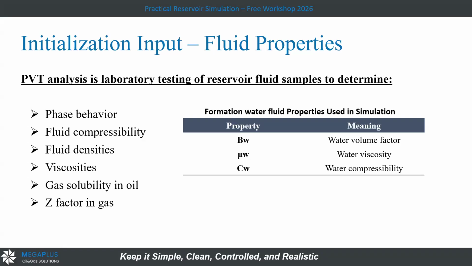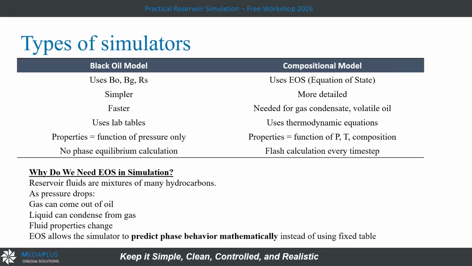But all of this changes with pressure, so it must be recalculated at each time step, at each pressure decline. The simulator needs to depend on the mass or continuity equation and the diffusivity equation. All of this changes from time step to time step and from cell to cell. So you can imagine the huge number of calculations that happen.